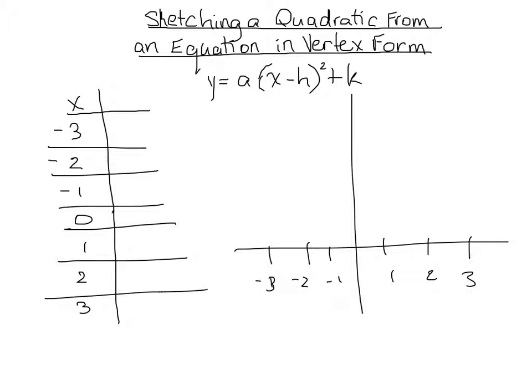All right, so if we're doing the graph of x squared, so really y equals x squared, the simplest quadratic graph that I can draw, I'm going to square all the values in this chart. So -3 squared would give us +9. We'd get a +4 here. And then it cycles back up 1, 4, and 9.